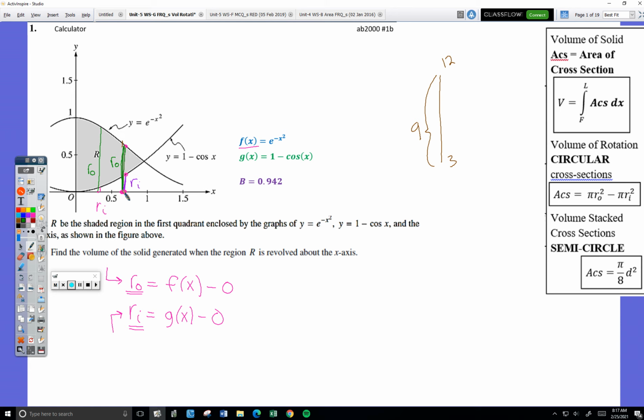So the outer radius has nothing to do with g. The outer radius has absolutely nothing to do with g. Does that make sense? The radius of the cutout, that's g. So the radius of the cutout has nothing to do with that. So you can't think of them together. You have to think of them separate. I don't know if that helps.